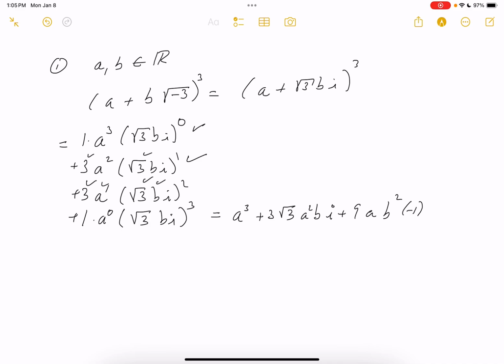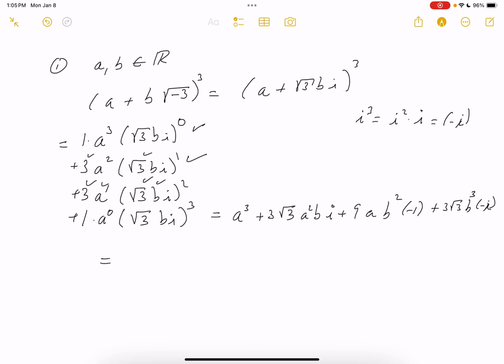All right, let's keep going. What's last but not least? Plus, look at this last guy over here. The root 3 cubed is going to be 3 root 3's, and then you get b cubed. And i cubed is really just i squared times i, which means just minus i.